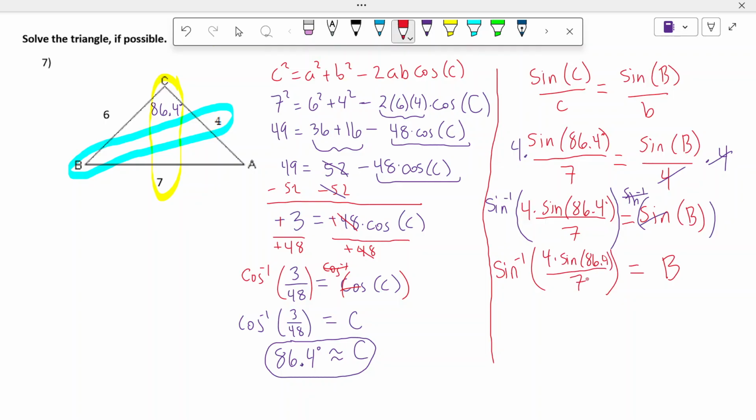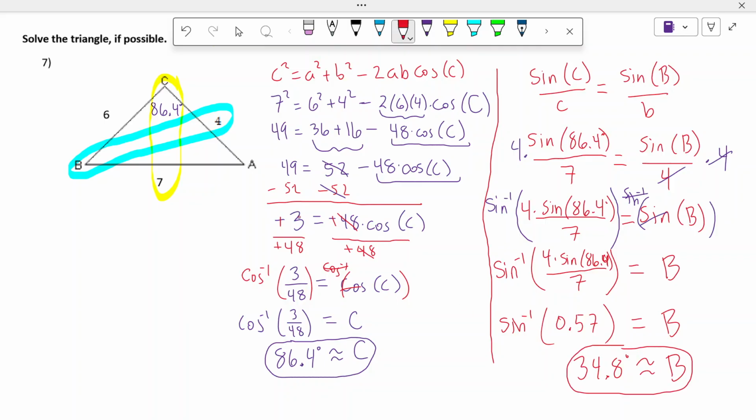Or, oh, that's a 4 right there. The pen freaked out. Or if you just want to first type in this craziness inside here, which I've done, technically all that craziness is about 0.57, if I have that written down right. And of course, once you finish typing all of this in, looks like angle B is about 34.8 degrees. And so there we go, we found another angle.